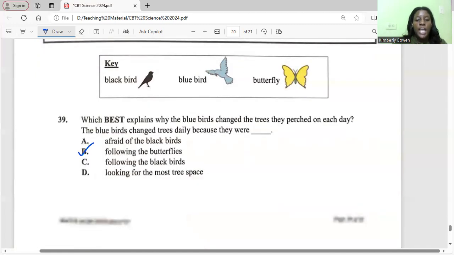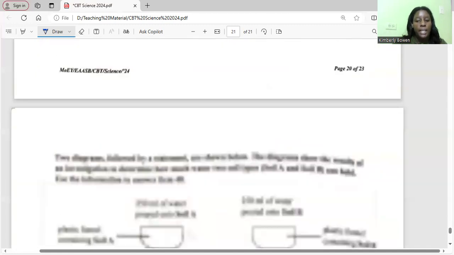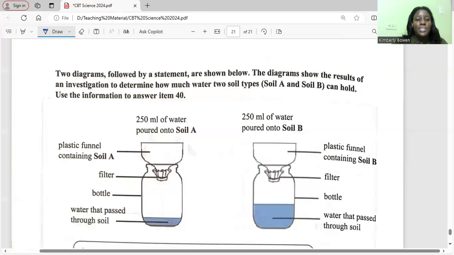And for the grand finale, 2 diagrams followed by a statement are shown below. The diagrams show the result of an investigation to determine how much water 2 soil types, soil A and soil B, can hold.